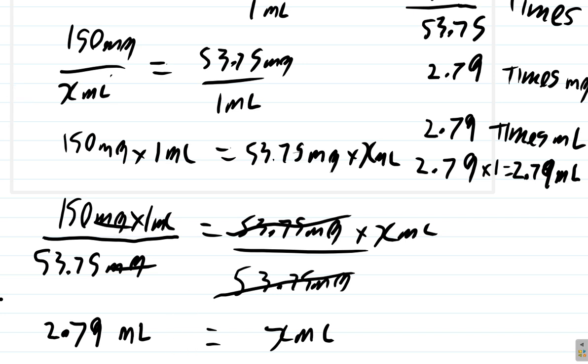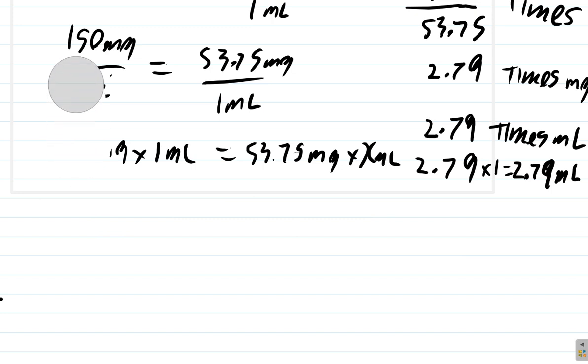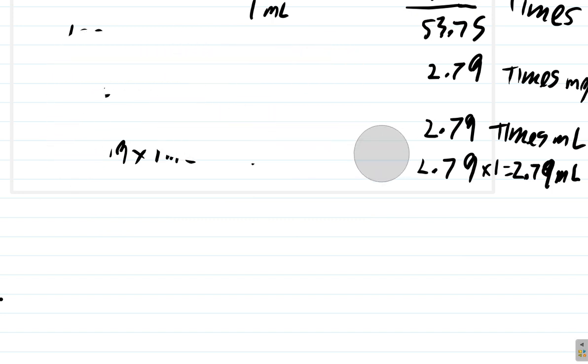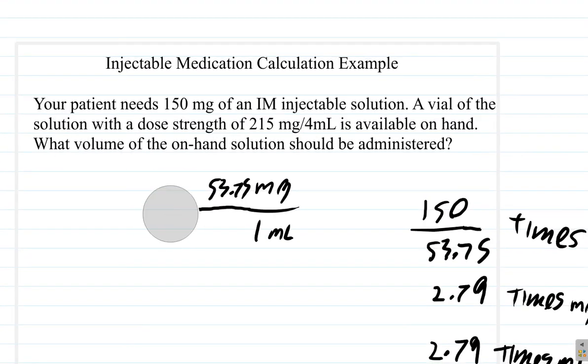Now, suppose you did not divide out and get the 53.75. You could still do it without dividing out. What happened here?